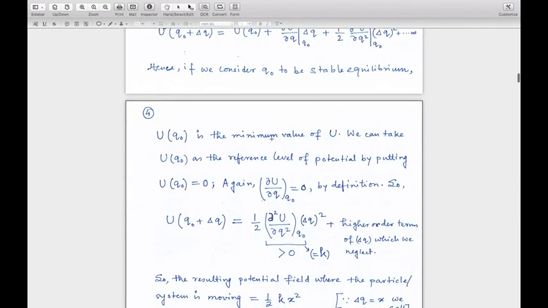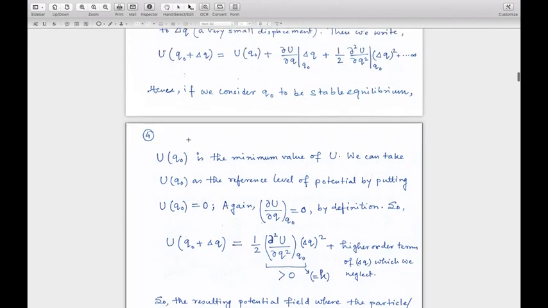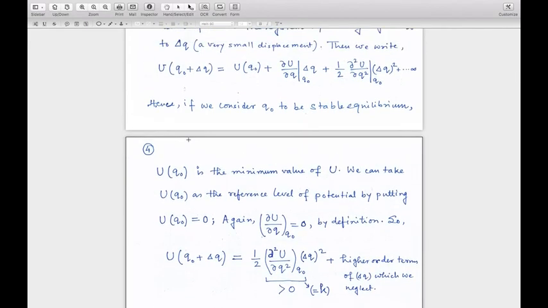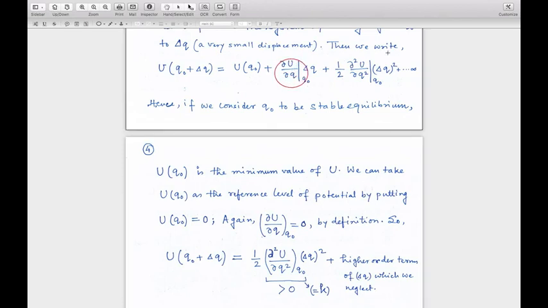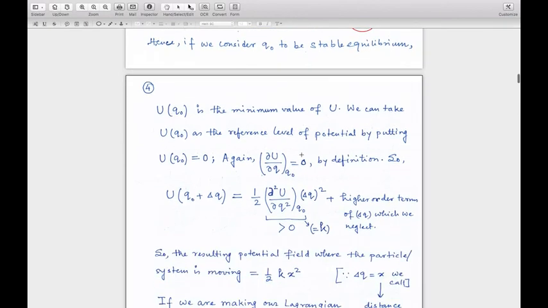So then we can say that as U has a minimum at q0, we can again say that this is a positive quantity and this is 0, right? So this vanishes and this is a positive quantity. Okay.